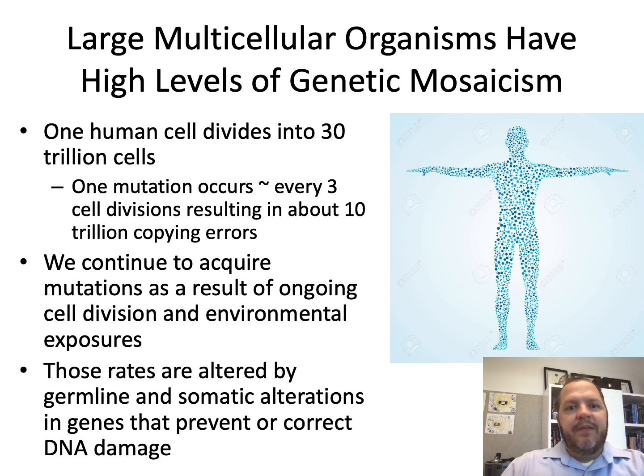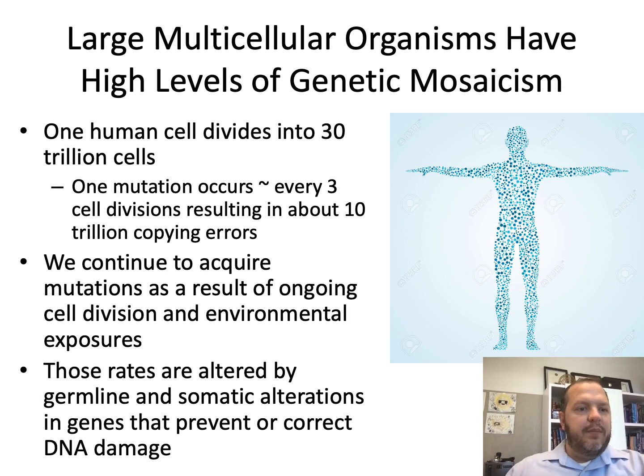And so just during development, as we're developing into 30 trillion cells, there are about 10 trillion copying errors that occur. In addition, as you know, we continue to acquire mutations as a result of ongoing cell division in stem cells and other cell types, as well as a result of exposure to things in our environment.